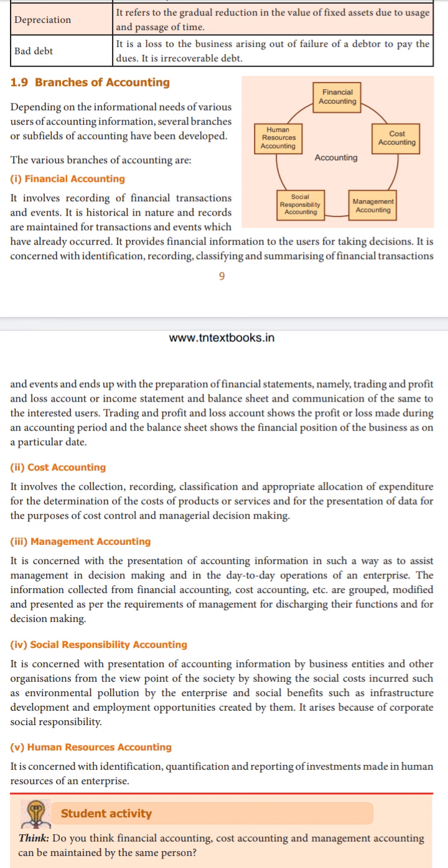For example, let's take the cost of the textbook is say 250, and nobody buys it because of the huge price. In that case, management has to decide how to market that particular textbook and how to sell it to the consumers. So here management accounting is full of financial and also cost aspects.